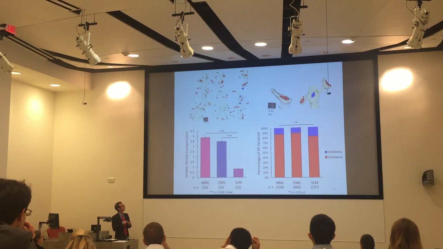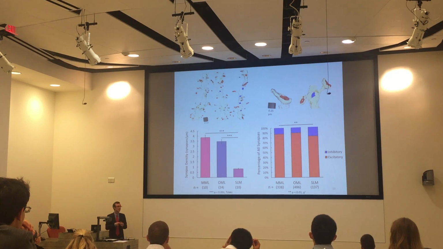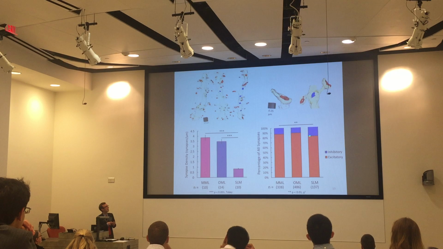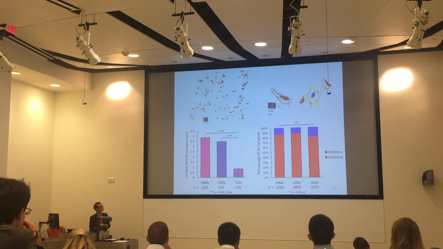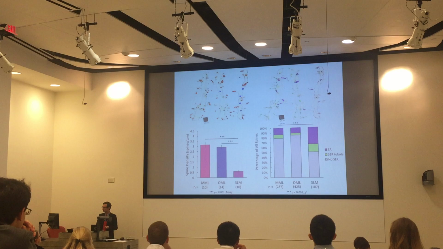However, interestingly, when looking at the percentage of all synapses across the three layers, it was found that SLM dendrites had a higher proportion of inhibitory synapses than the middle or outer molecular layers of the dentate gyrus.